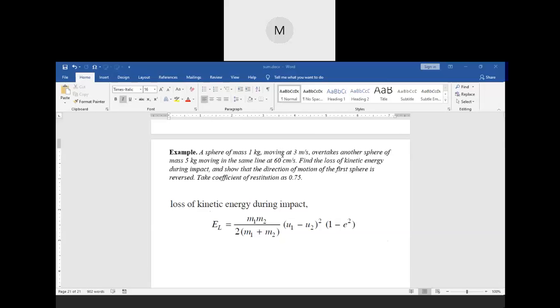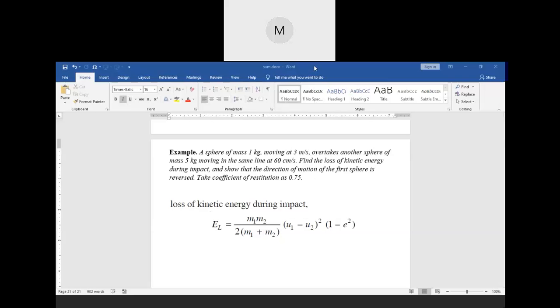Here also you know certain parameters. So you will have two unknowns and two different equations, and from them you have to find v1 and v2. And if one comes out negative, then you will know that the direction of motion of the first body is reversed.